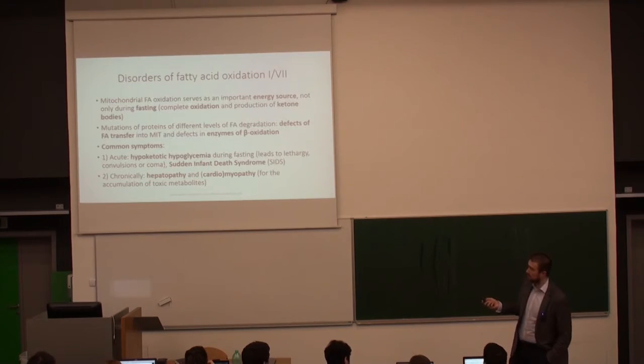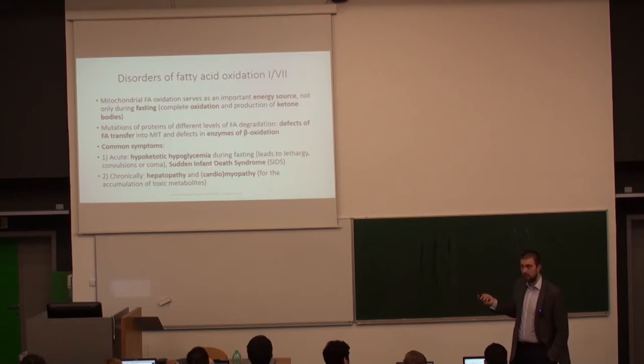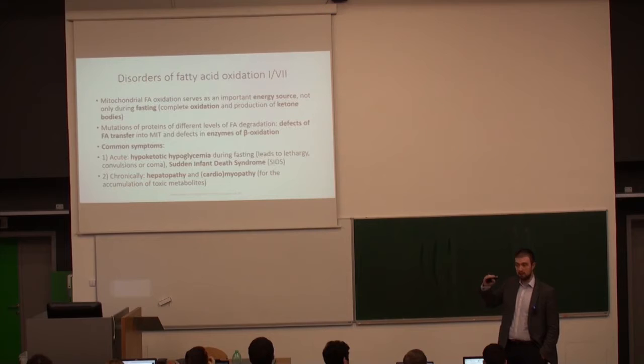So we speak about hypoketotic hypoglycemia during the starvation. If you are healthy, then you should have ketone bodies and maybe some mild hypoglycemia, but not 1.5. That's too low.